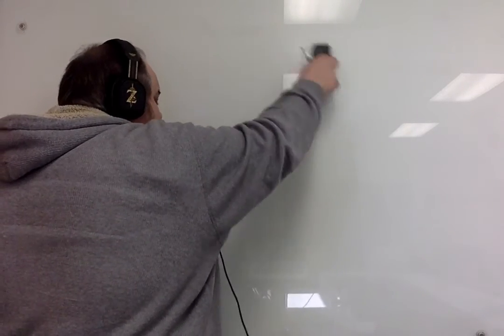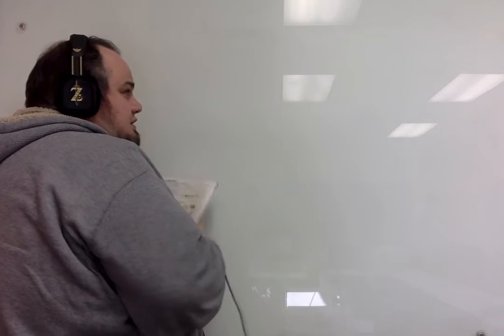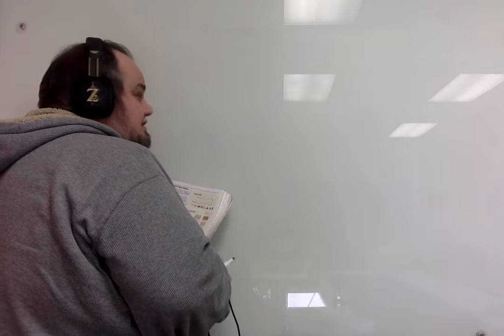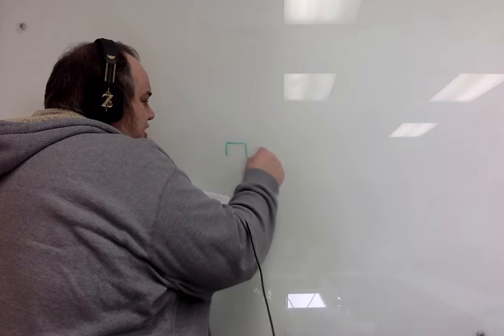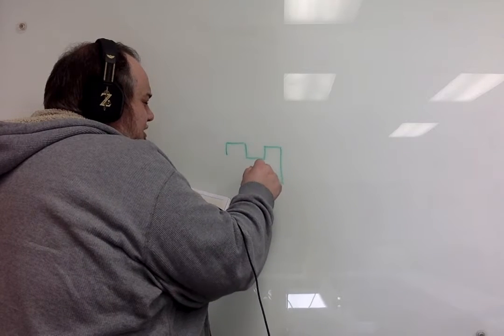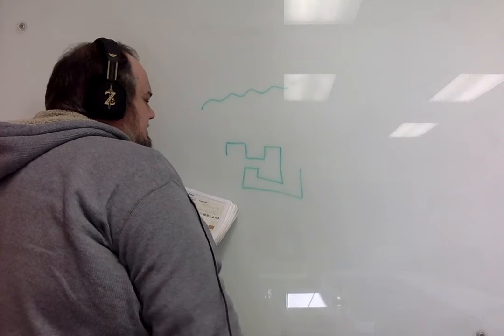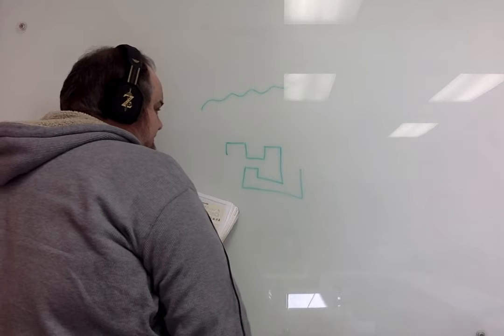So let's take a look at the different types. We have what's called a simple curve, which is a curve that doesn't cross over itself. So any curve that we draw, whether it's made up of straight parts or squiggly parts, as long as it doesn't cross over itself, that's what's called a simple curve.